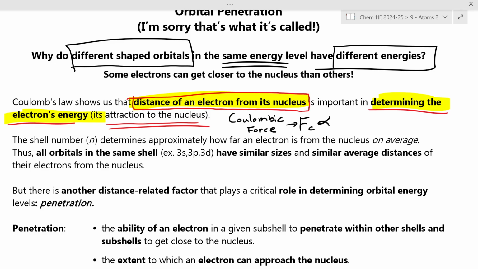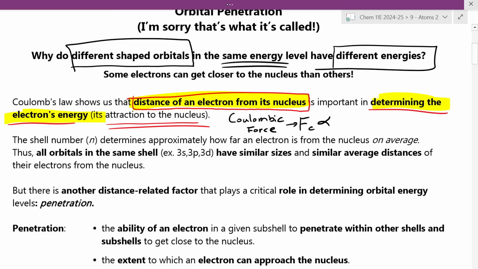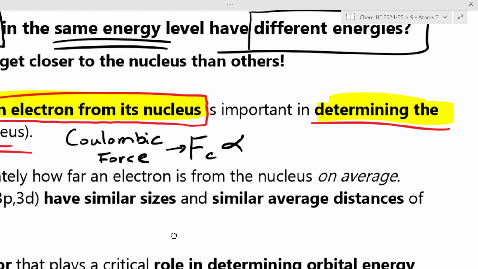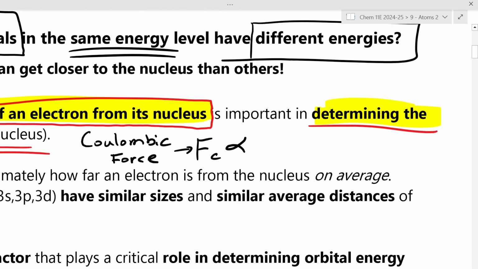But now, no. Okay, so what is the Coulombic force here? What would we say? Coulombic force is proportional to the distance, so it would look like that. So as distance increases, the force increases?